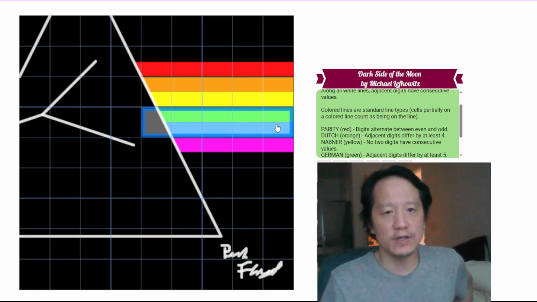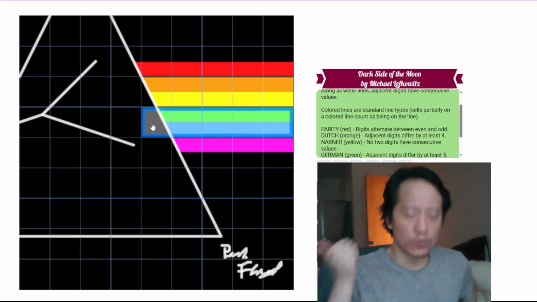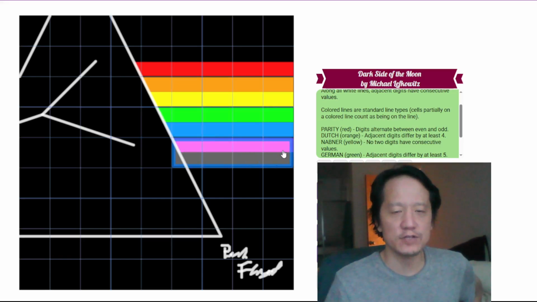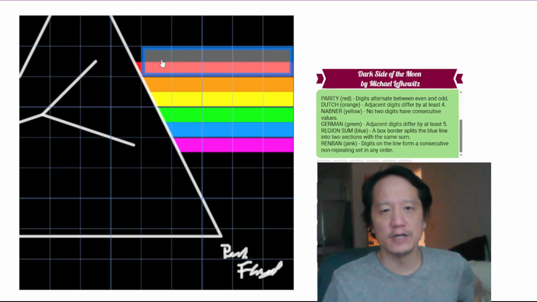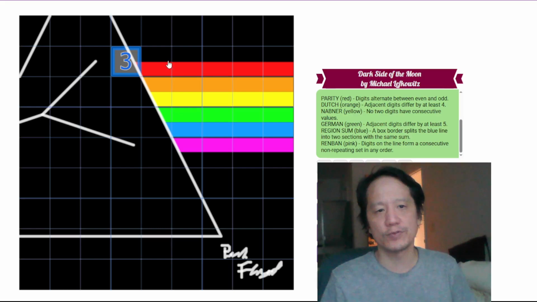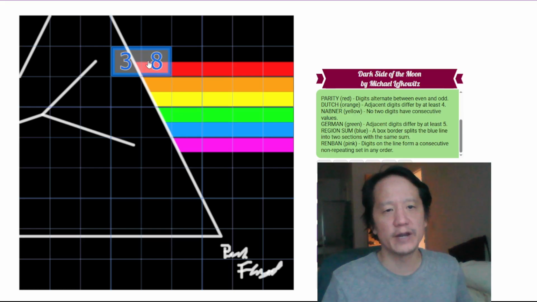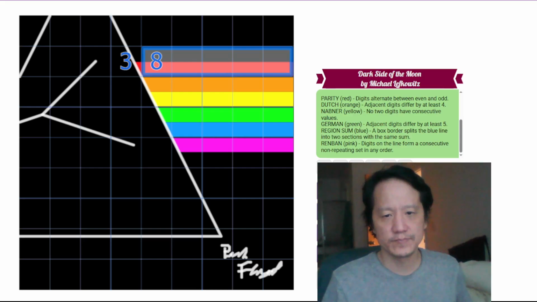All 5 of these are on the green and blue line, and all 4 of these must be on the purple line. So for red, we have parity, where digits alternate between even and odd. So for example, if this were 3, this would have to be 2, 4, 6, or 8, because you alternate between parities on adjacent digits on the line.